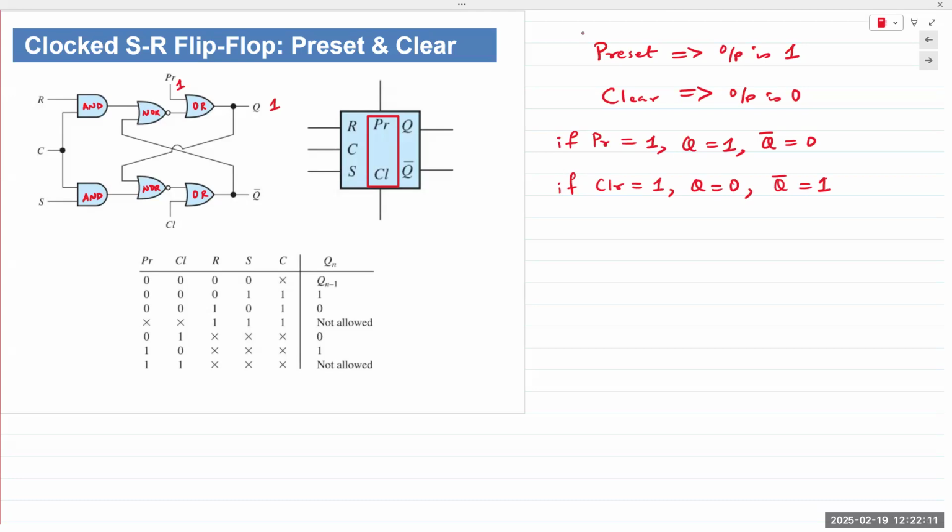So let's see how that would work. If preset is 1, then the output of this OR gate would be 1 irrespective of what is at the other input of that OR gate. Right?